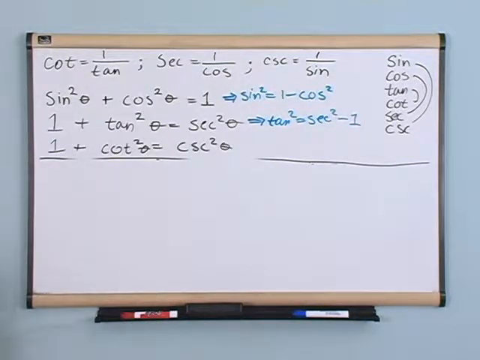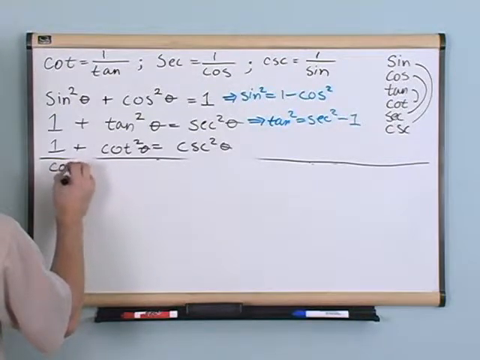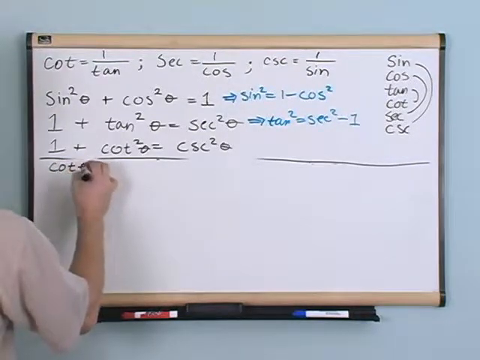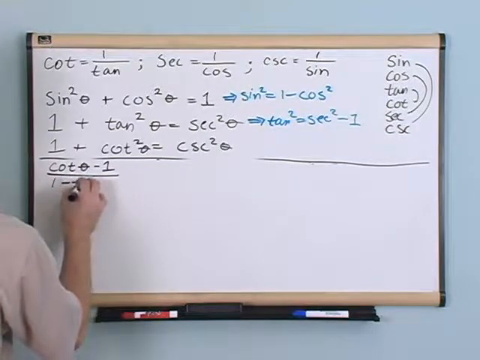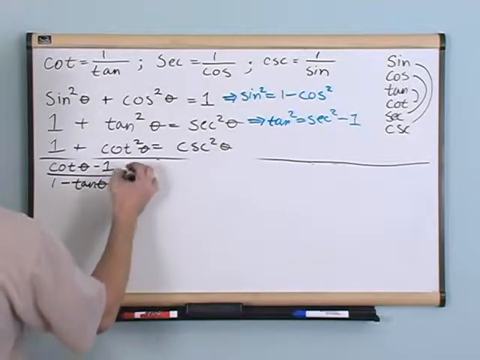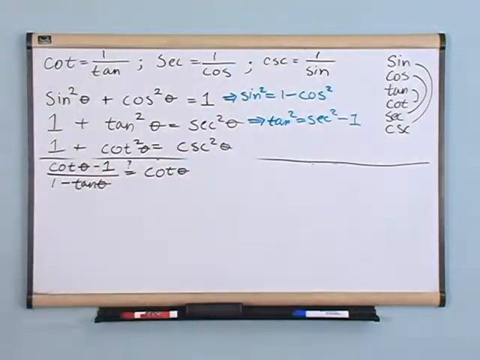Okay, got a couple more problems here. What if we have cotangent theta minus 1 over 1 minus tangent theta equals cotangent theta? And put a question mark because we're trying to prove to ourselves that this is true. Okay.